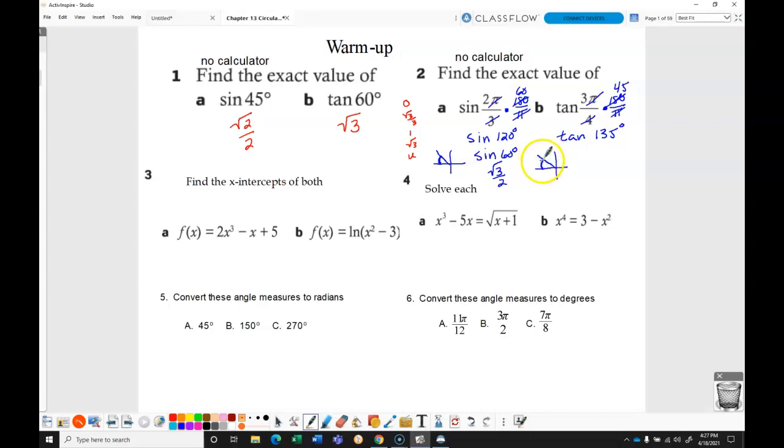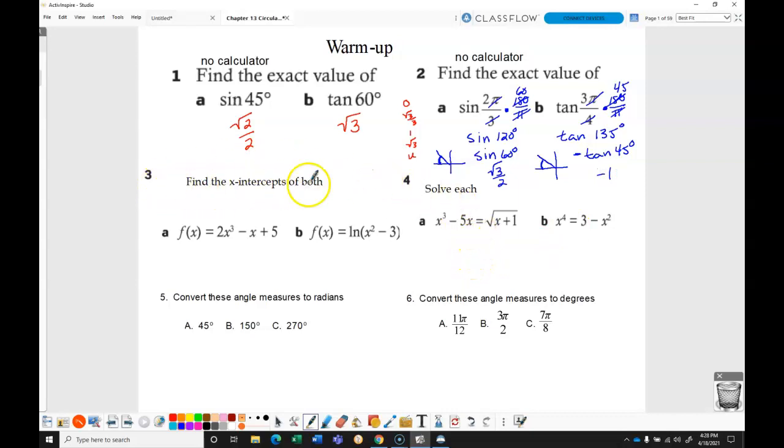But in this quadrant, because the sine and the cosine are opposite signs, I'm actually looking at the negative tangent of 45 degrees. So the tangent is negative in the second and the fourth quadrant. It's positive in the first and the third. So I know the tangent of 45 degrees is 1, so then that makes my answer negative 1.